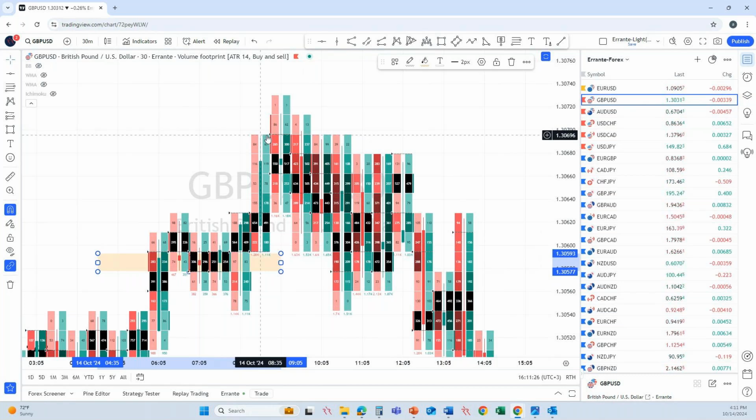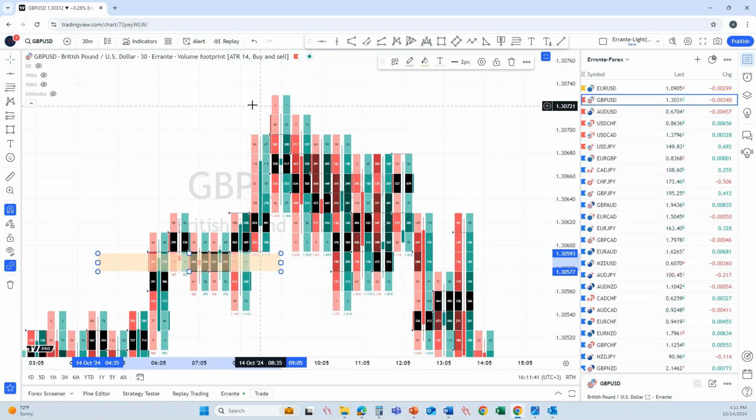And to spot reversals, focus on changes in volume patterns. In an uptrend, if you see a surge in volume at a high price level, but the price fails to move higher, it could signal a potential top and a reversal.